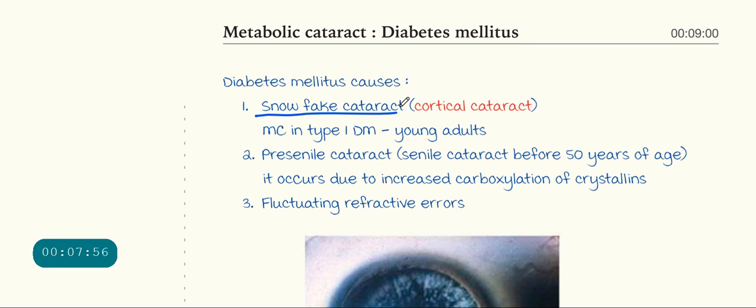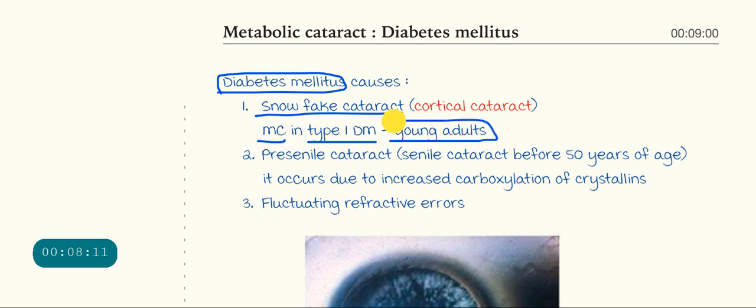And this diabetes mellitus, which type of diabetes is it? It is type 1 diabetes mellitus, and most commonly it is seen in young adults. This type of cataract due to diabetes mellitus is seen in young adults, and which type of diabetes mellitus? Type 1.